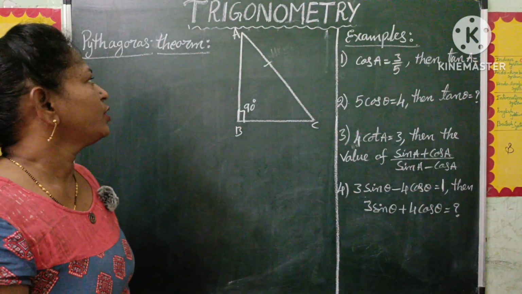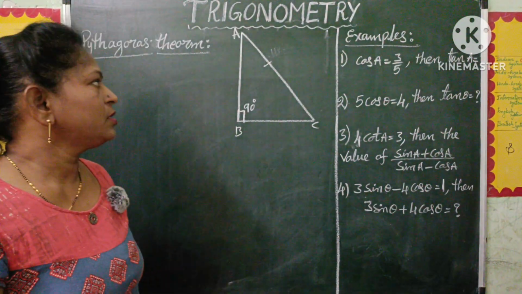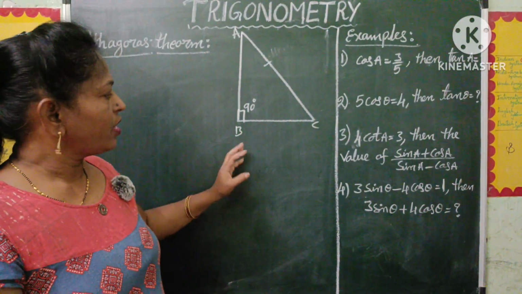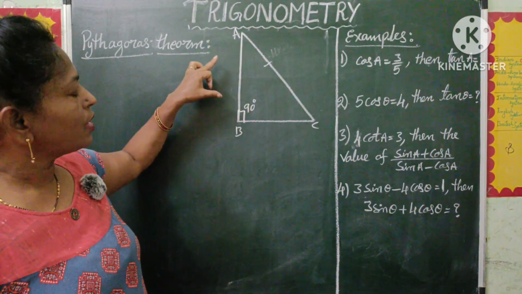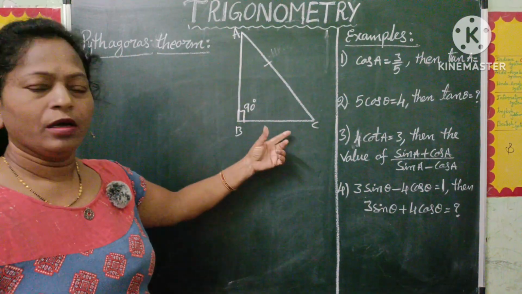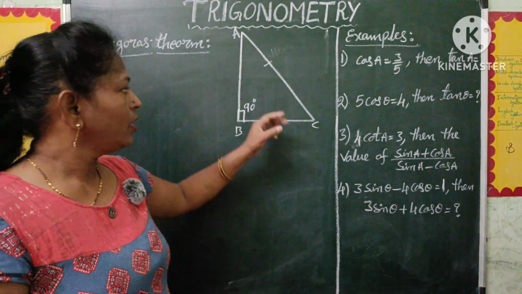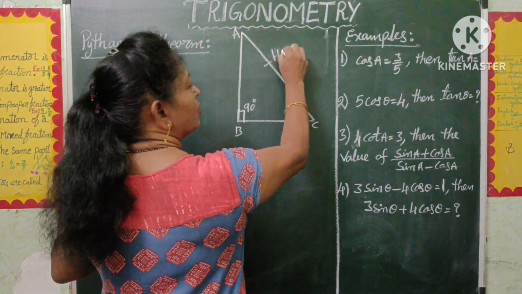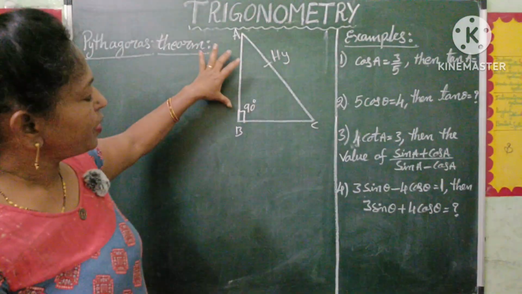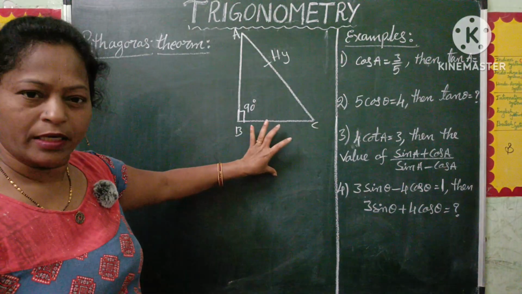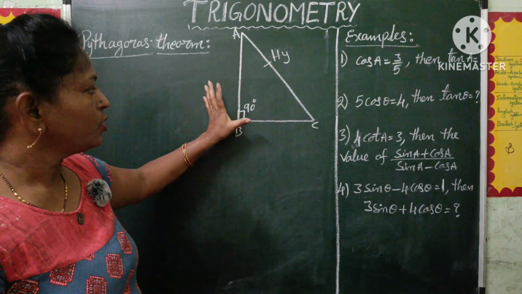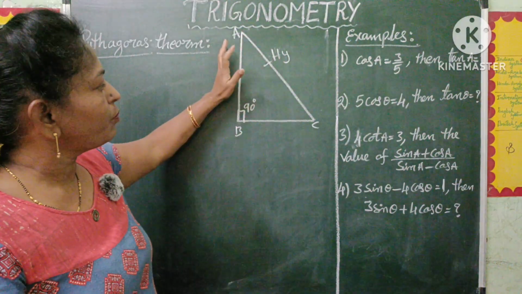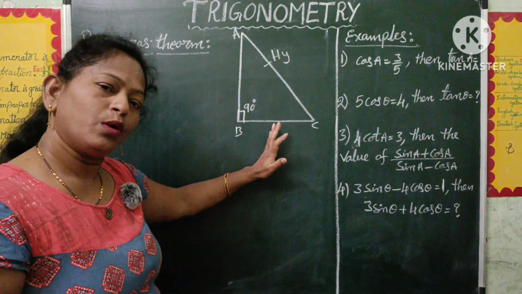Now let us see the Pythagoras theorem. It means in a right angle triangle, the square of the hypotenuse is equal to the sum of the squares of the remaining two sides. Here the side opposite the right angle is the hypotenuse, and AB and BC are the remaining two sides.